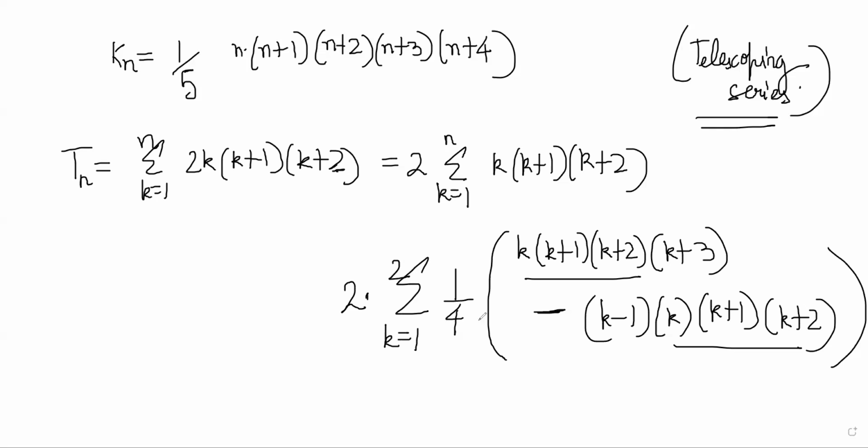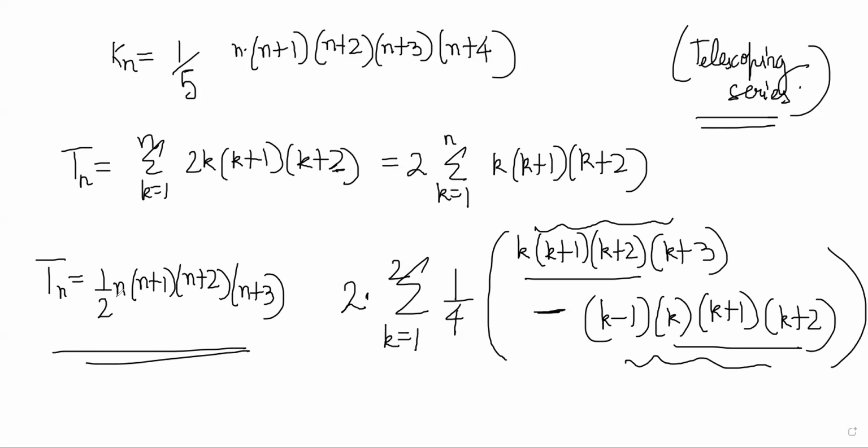And the 2 is a constant outside. So now this 1 by 4 comes outside, becomes a half. And this is a simple summation. This is a sequence of 4 terms. We are using the same trick again. You will realize that this Tn will come out to be basically half n, n plus 1, n plus 2, and n plus 3.